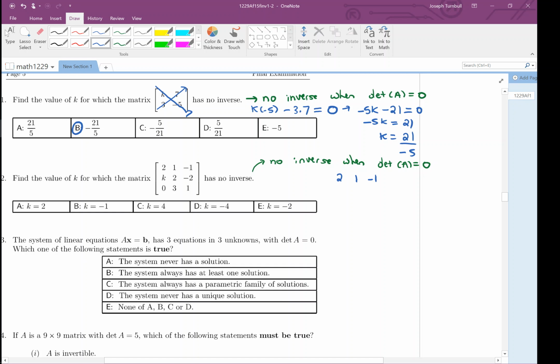2, 1, minus 1, k, 2, minus 2, 0, 3, 1, and 2, 1, minus 1, k, 2, minus 2, 0, 3, 1. Hide the last column, and then our determinant is going to be down products minus up products.